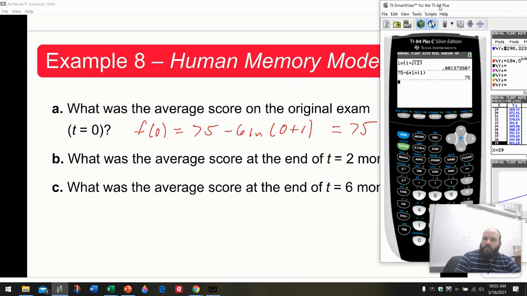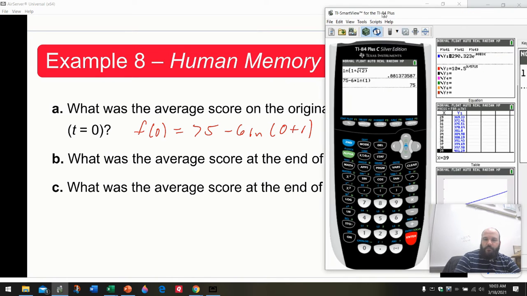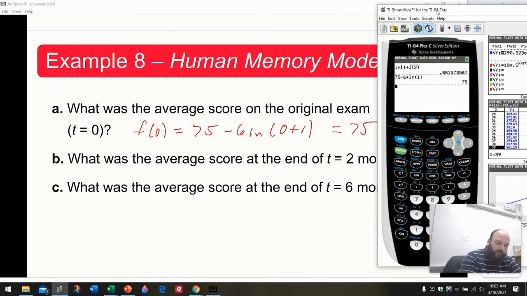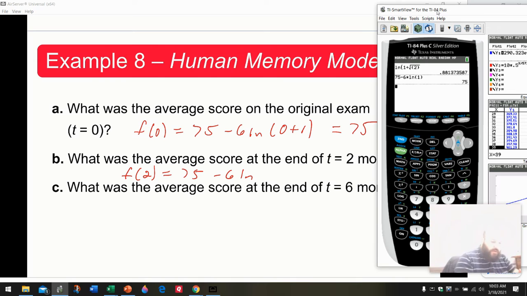Now they would like to know the average score at the end of 2 months. So once again, we will use the same formula, but this time we're substituting 2 in. So 75 minus 6 natural log of 2 plus 1.